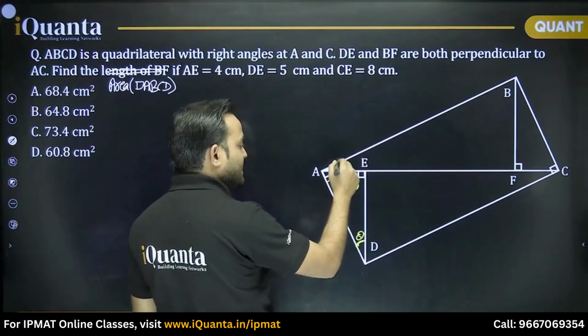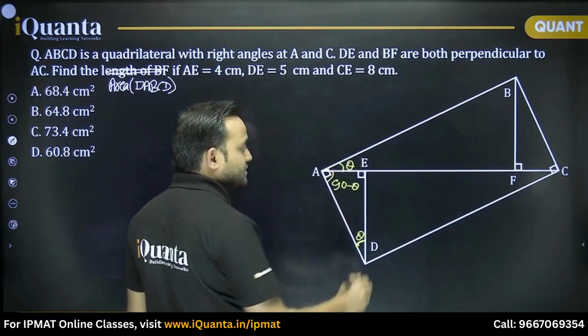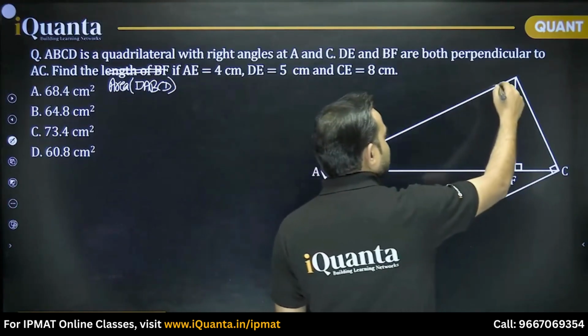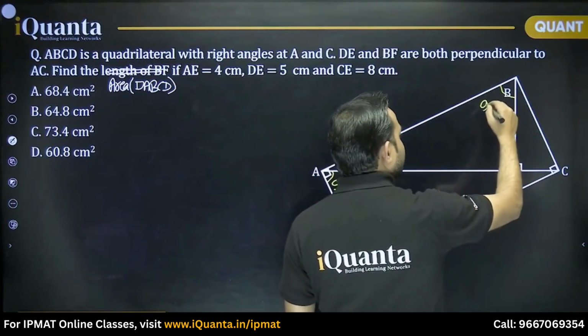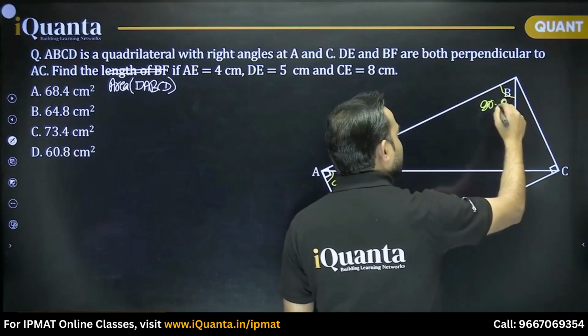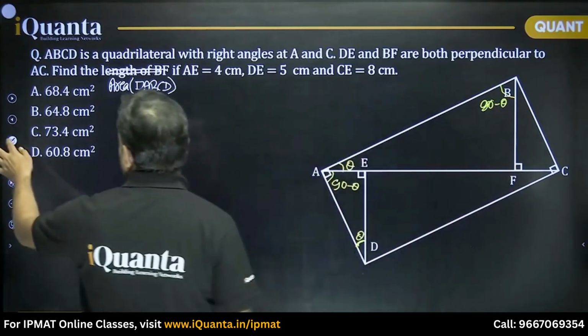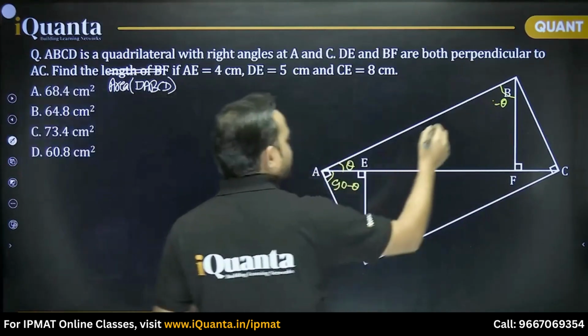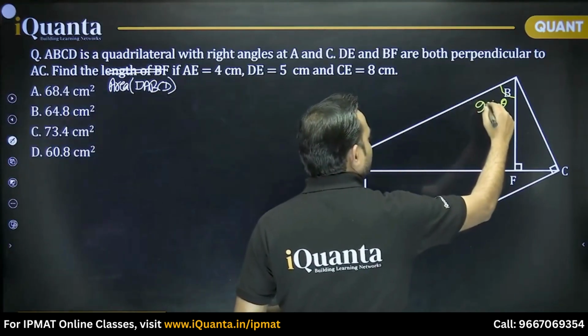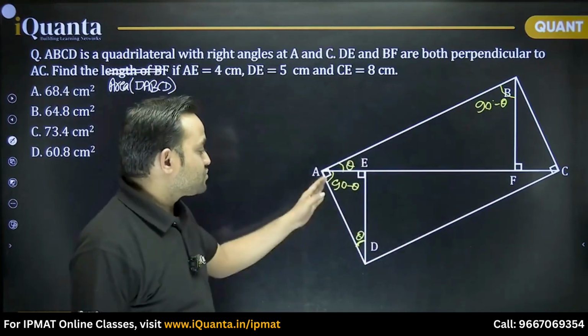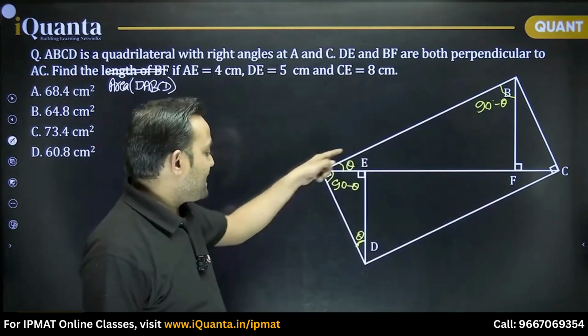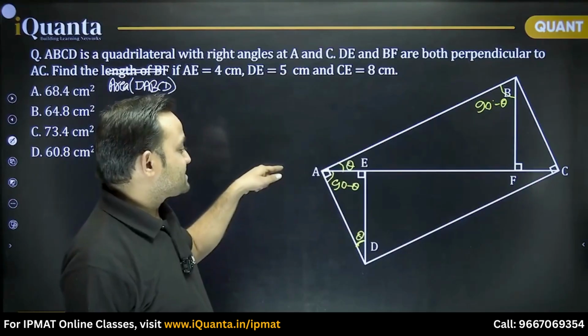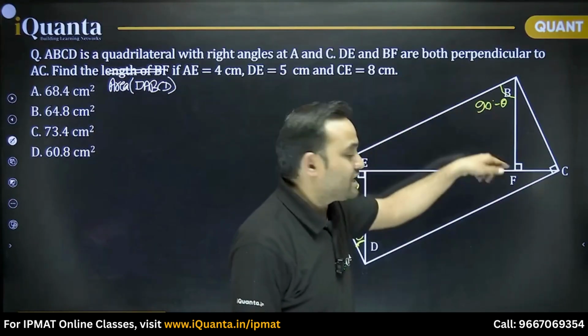If this angle is 90 degree minus theta, this angle will be theta. And in that case, this angle will be 90 degree minus theta, right? Now can we say these two triangles are similar? Triangle AED will be similar to triangle ABF.